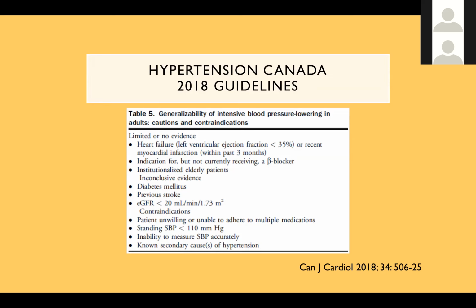There are also other contraindications they identify: if they are unwilling or unable to adhere to multiple medications, if their standing systolic blood pressure is less than 110, if you cannot accurately measure their systolic blood pressure, or if they have a known secondary cause of hypertension.